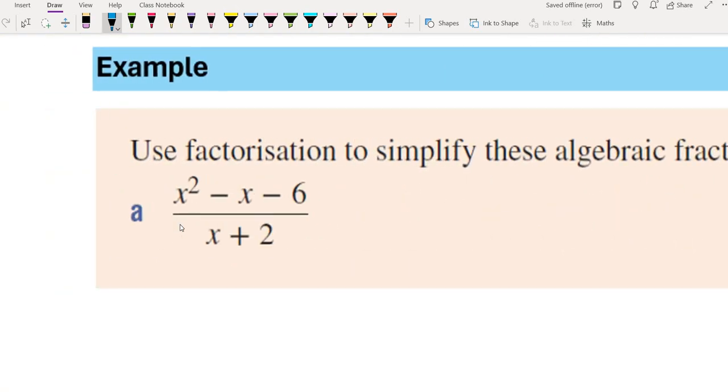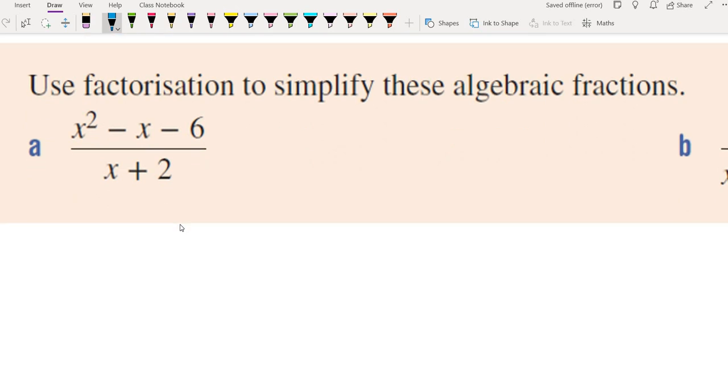Our final step is to use what we've just learned to simplify these crazy looking fractions. So over here, up top, you can see there's a monic trinomial there. So we'll try to use what we've just done over here to see if we can factorize this.